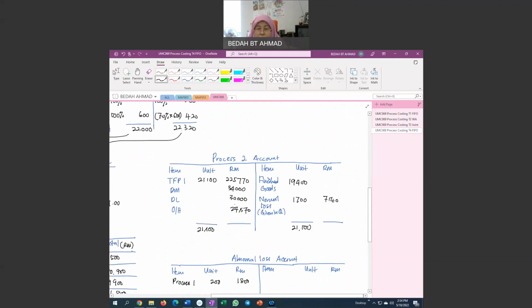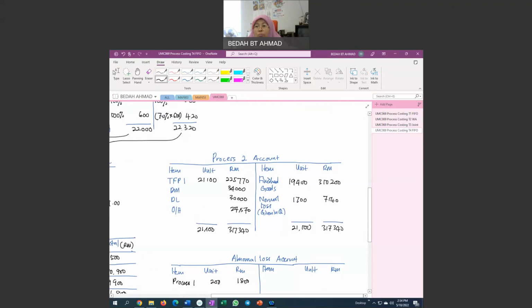So what we added altogether is 317,340, and minus the normal loss scrap value, that is 310,200.